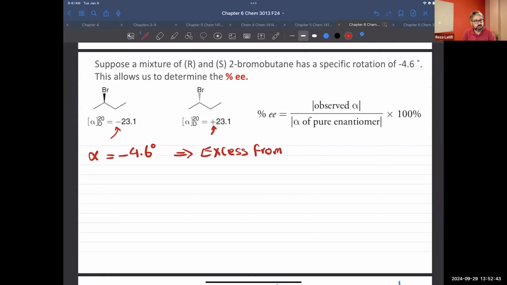The one on the left is number 1, that's number 2, this one number 3. So the rotation will be clockwise, and hydrogen is at the back of the plane. So this is going to be R, and that one will be S. So I have excess from R, because R is the negative one. So we have excess from the R enantiomer.